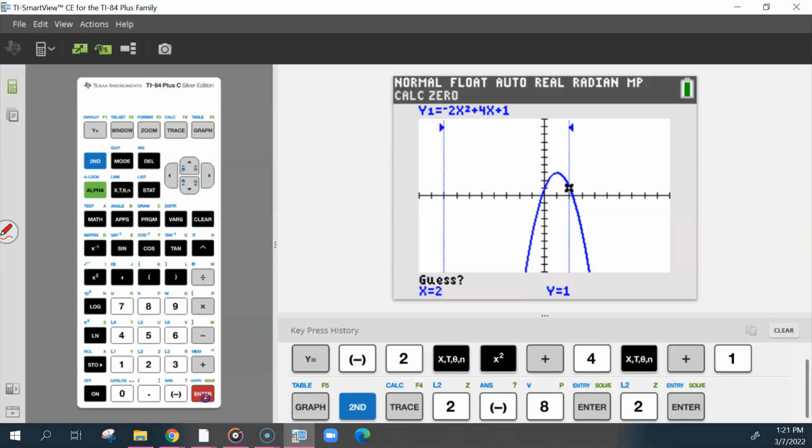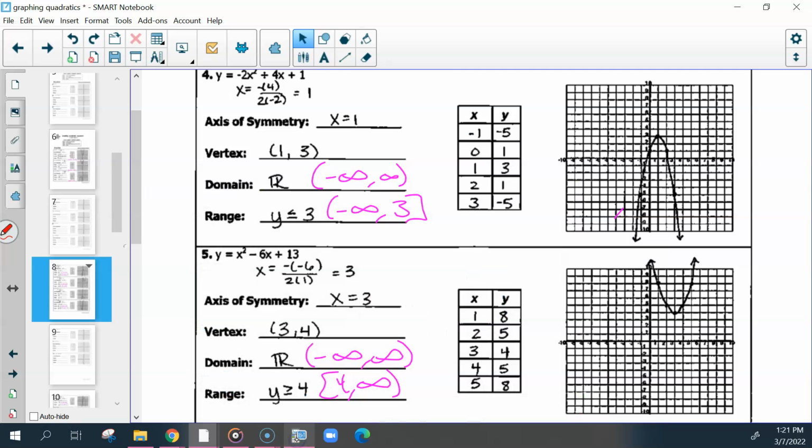Now the calculator is going to look between those boundary lines and see where does this cross the x-axis. So we're going to hit enter. This is going to tell us some decimal. 0.22, let's round it to 5. 0.225. So that would be one of our solutions.